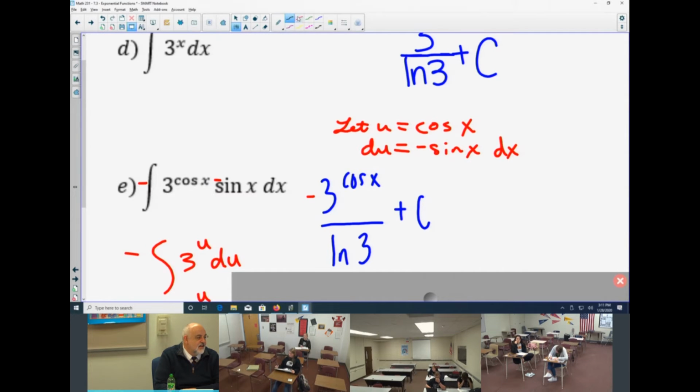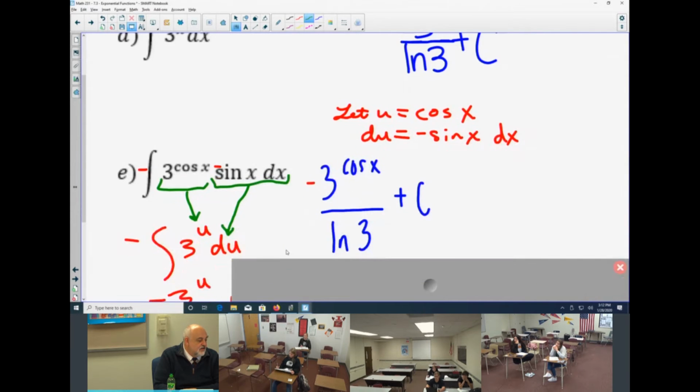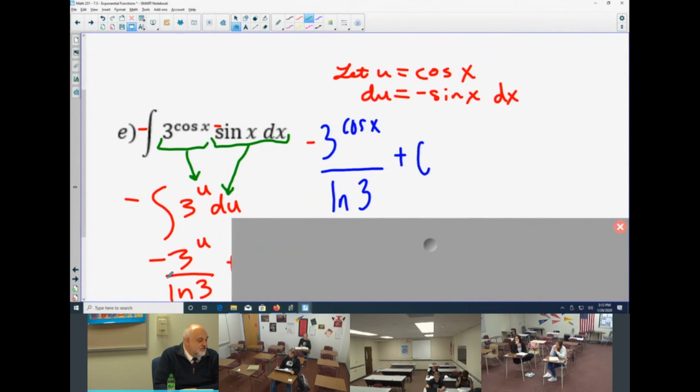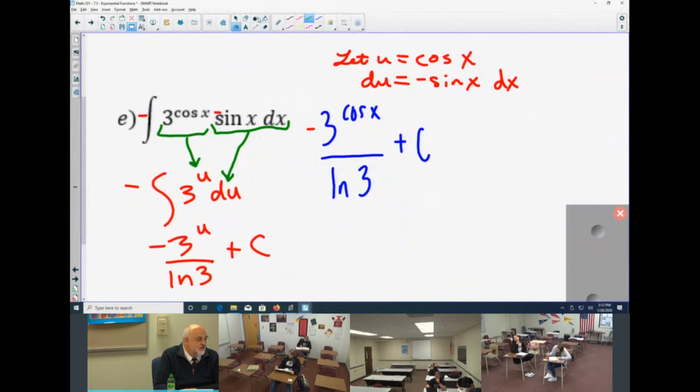All of that is going to be your du, and then this is your 3 to the u. But you have to have the negative there to make it work. And so then you integrate 3 to the u du, still have the negative, then it's 3 to the u over the natural log of 3 plus c, and then you substitute back what u was, which is cosine x. So then this will be your final answer here.